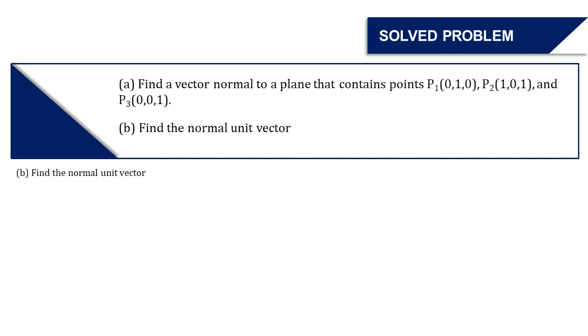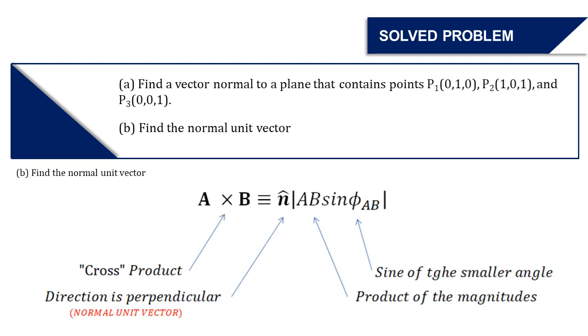For the second problem, we are going to find the normal unit vector. So we have actually two ways in solving this. The first is to use the definition of the vector product. So ito na yun, pinaproject ko lang. Okay? Paano natin makukuha yan?